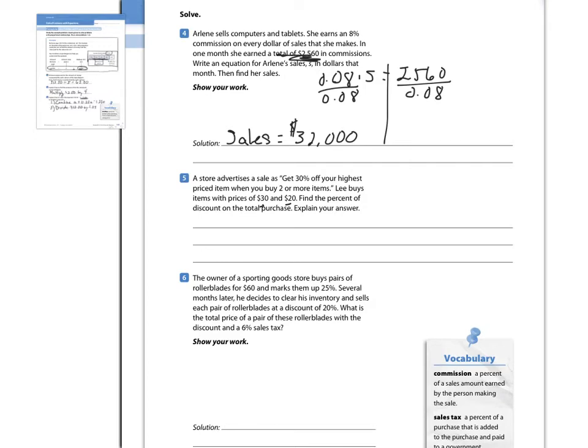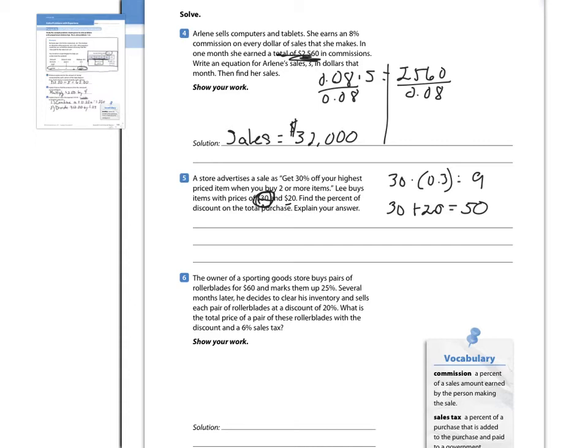So to find how much he is taking off, we're going to take the $30, because $30 is our highest price item, and multiply it by 30%, or 0.3. That comes out to equal 9. That means we're saving $9 on a purchase that would have been $50, because the $30 plus the $20.